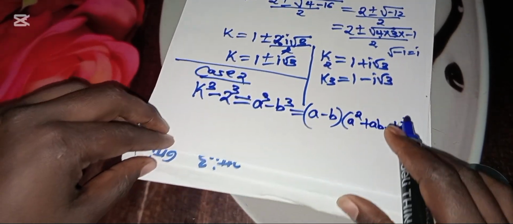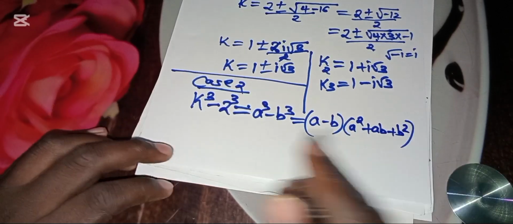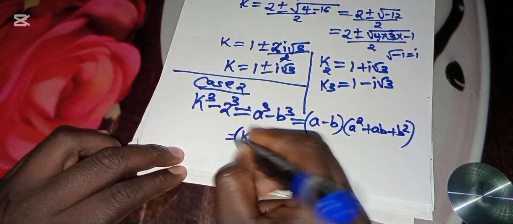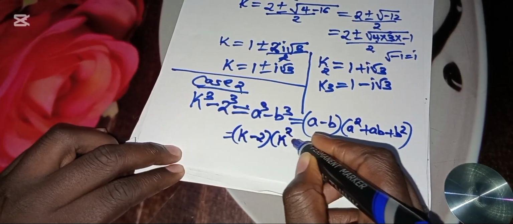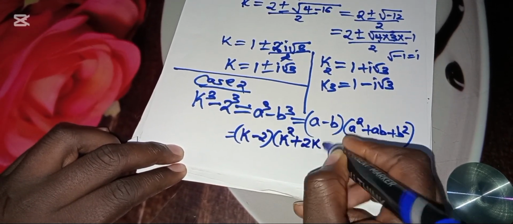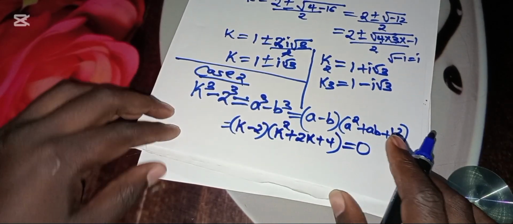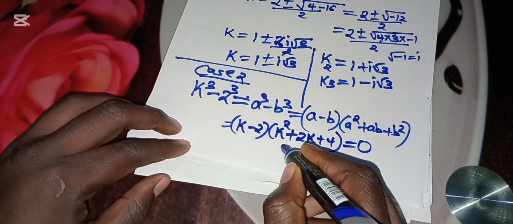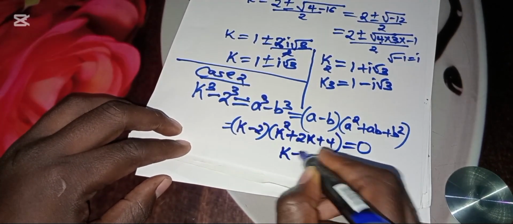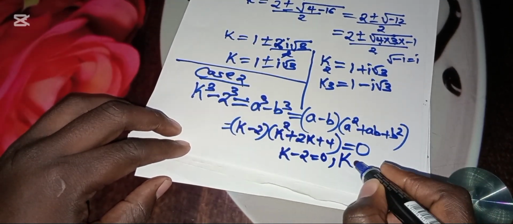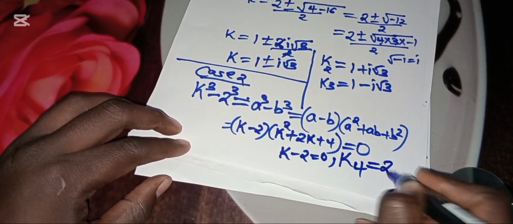So we are going to have (k minus 2)(k squared plus 2k plus 4) equal to 0. As you can see, the first factor, k minus 2, is equal to 0, and that shows that I will call this one k4, which is equal to positive 2.